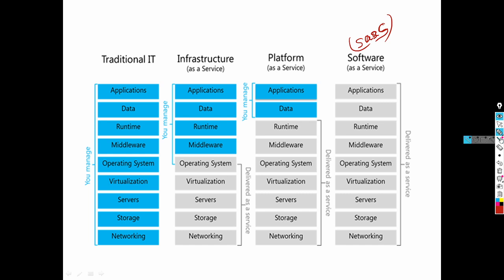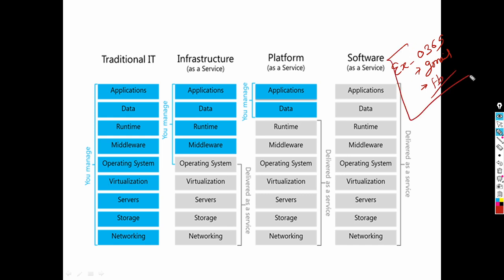For example, Office 365 or Gmail. Here you don't have visibility of the code, and you won't be able to modify anything. If you are using Facebook, you get a license, create your ID, and use it. So these are the three service models of the cloud. I hope you are clear.